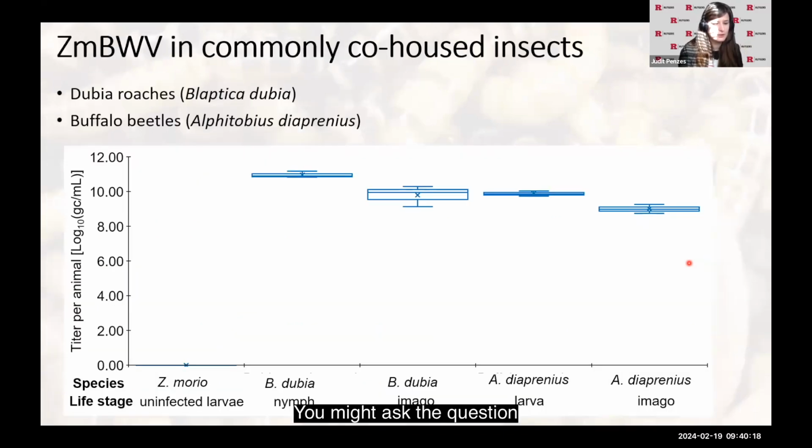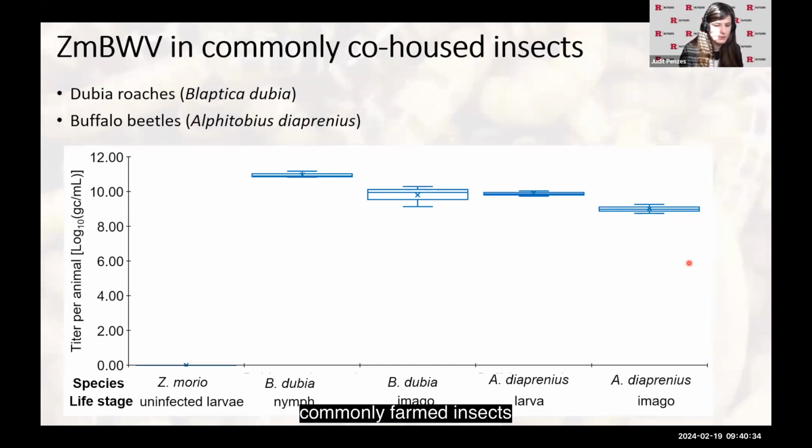You might ask the question whether CMBWV is limited to mealworms and superworms, or does it affect other commonly farmed insects in close proximity, especially considering that the closest relative to this virus infects the German cockroach.